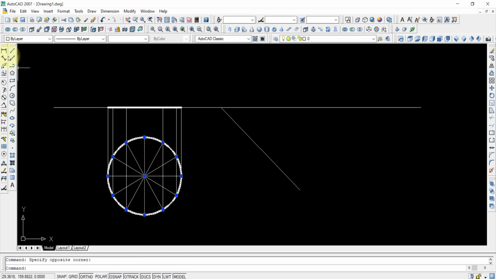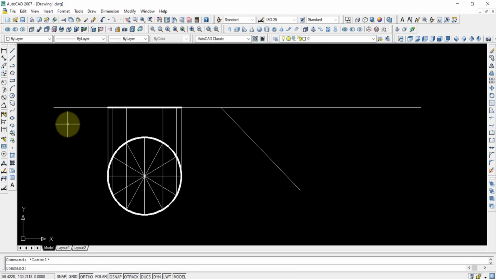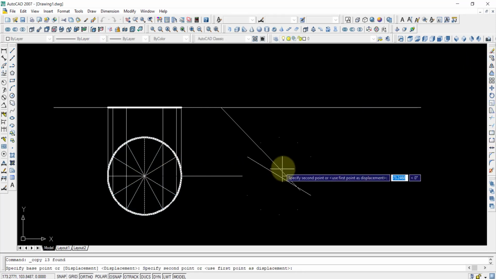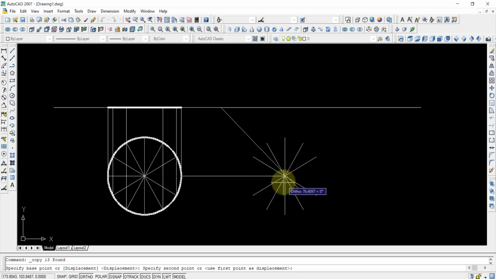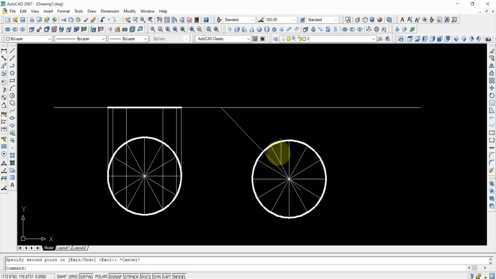Now whatever this is, it should be kept here. One thing we can do is select it and copy it with this as the base point, and keep it here. I'll select all these points and use the copy command. But if you see here, the rotation is not correct, so these things are to be rotated perfectly.